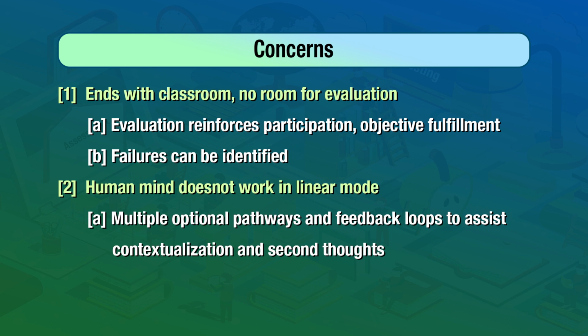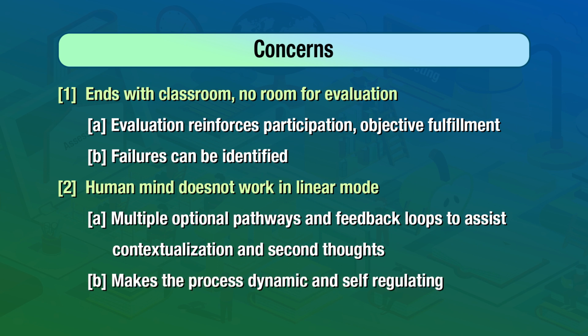Hence, it is needed that while thinking of materials development, we also imagine a variety of optional pathways and multiple feedback loops which make the whole process both dynamic and self-regulating. This may offer more insight into why language materials fail and provide clues to their improvement, both during the writing and after their use. These issues are addressed better when the linear model is changed into a model which provides optional pathways and feedback loops.